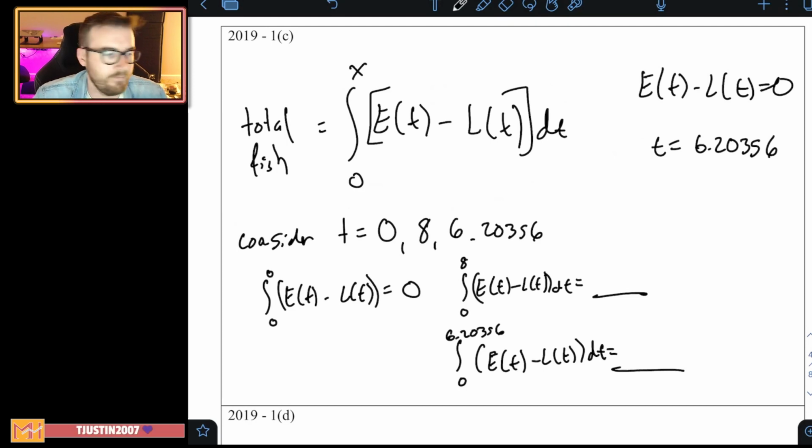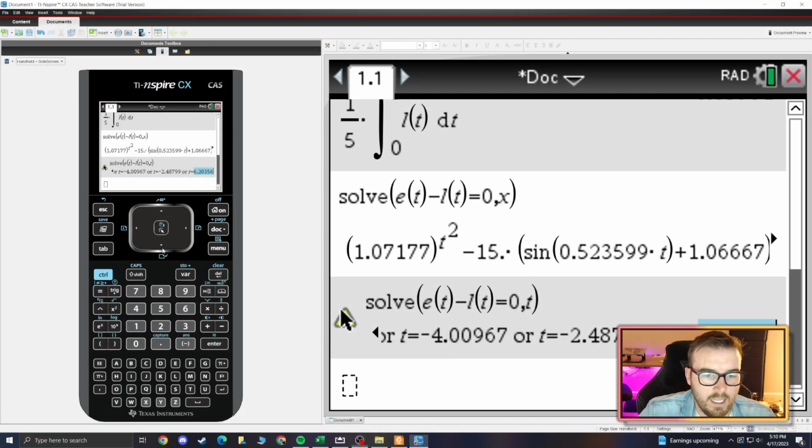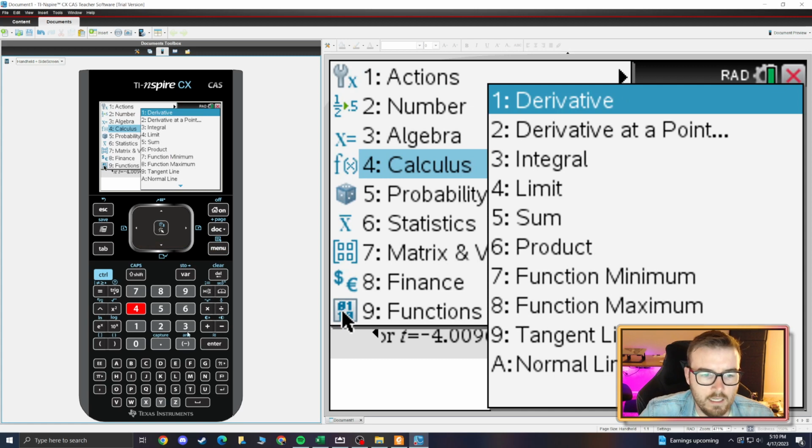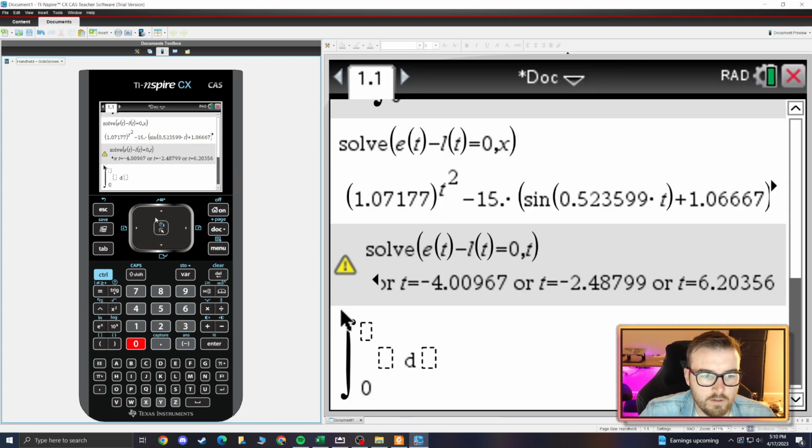Let's find out. So I will go back to the calculator, and I'm just going to plug in that integral. So that's calculus integral from 0. And luckily I have those saved because I can literally just punch that in, E of t minus L of t with respect to t, and then I need that top bound.